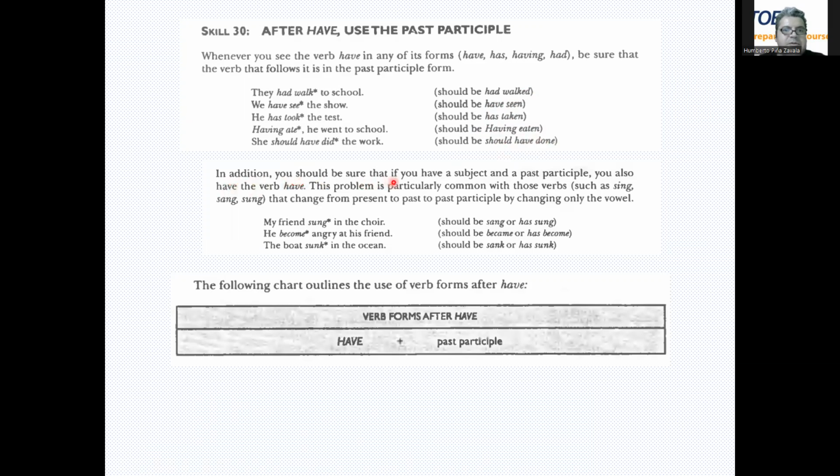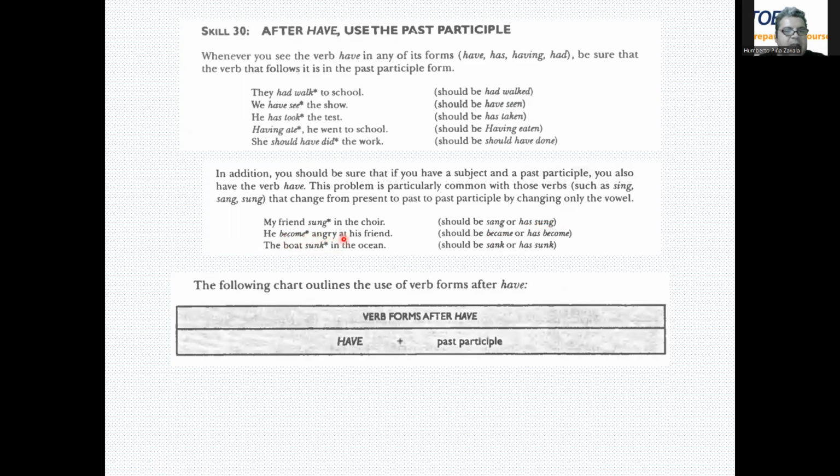In addition, you should be sure that if you have a subject and a past participle, you also have the verb have. The problem is particularly common in those verbs, such as sing, sang, sung, that change from the present to the past and the past participle by changing only one vowel. It's easy to confuse that. My friend sung in the choir. Should be he sang in the choir in the past tense, or he has sung in the choir in the present perfect.